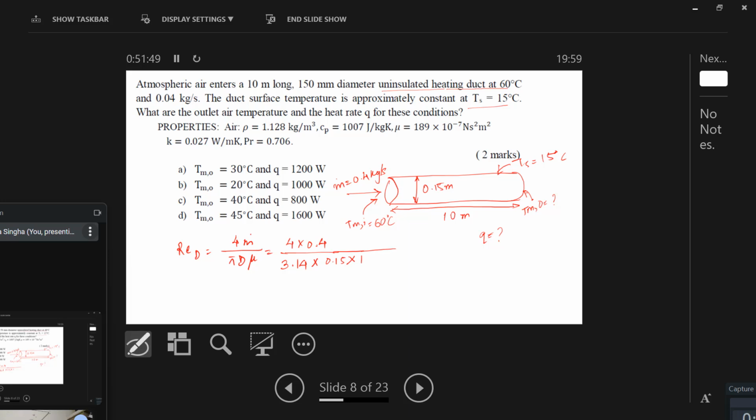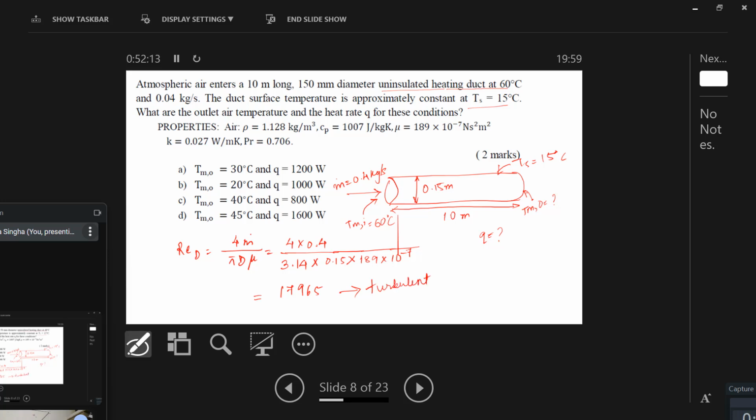Mu is 189 into 10 to the power minus 7. So how much do we get? It will come to be around 17965, which is turbulent for a tube.